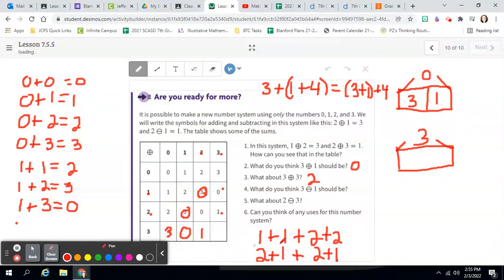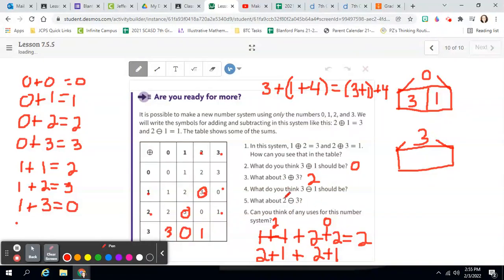So if I can figure out what that is using this chart, I should come up with the answer to 3 plus 3. Here's how I did that. 1 plus 1 is 2. And 2 plus 2 is 0. So the answer is also 2, because 2 plus 0 is 2. So I know that 3 plus 3 is 2.